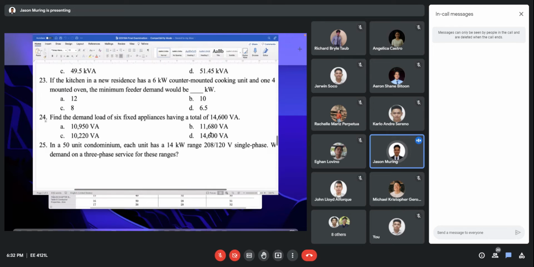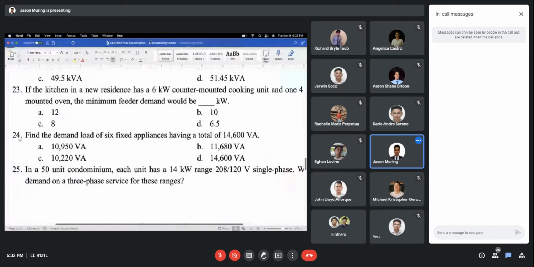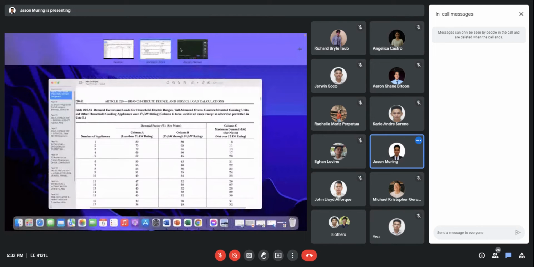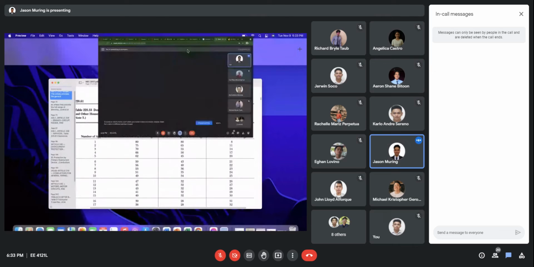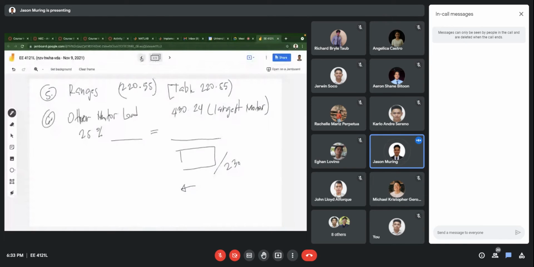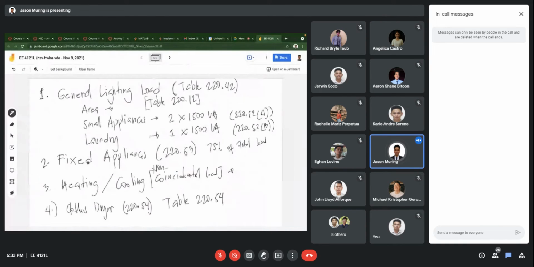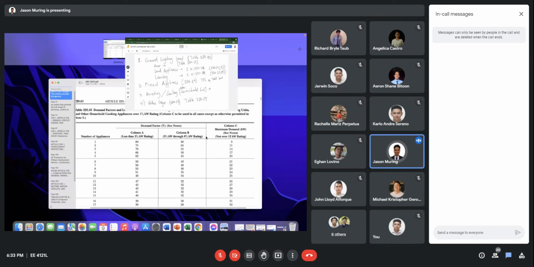So we have to look at the demand factor requirement for fixed appliances. So we already have it here. We look at 220.53, which says if there are 4 or more fixed appliances, we can apply a 75% demand factor. Okay, so we apply it here.